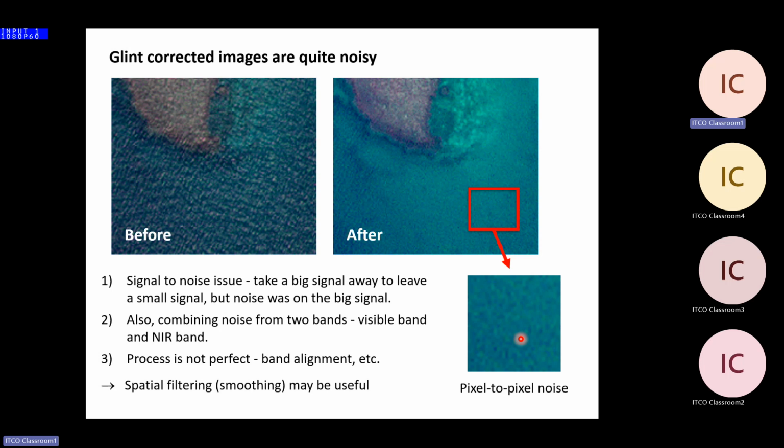It doesn't mean the image information at 2-meter pixels can support what you want to do. It might be better to spatially smooth, effectively dropping the spatial resolution a little bit, in order to get a better product, or to do what you want more accurately. Spatial filtering tends always to improve the accuracy. If it's bathymetry and you do a spatial filter, you always get a better bathymetry result. It's just the way it is.